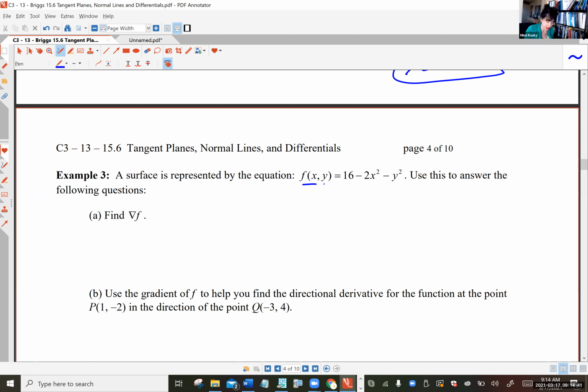Here they're giving you a surface f(x, y) equals 16 minus 2x squared minus y squared. What could possibly go wrong? A lot. Okay? So let's use this to answer the following questions. As this problem progresses, try to see if you can make connections between the last lecture we had on Monday and what's going on today, as well as the new material I've covered today. Does any of it relate in some way, or is it all completely distinct and separate?